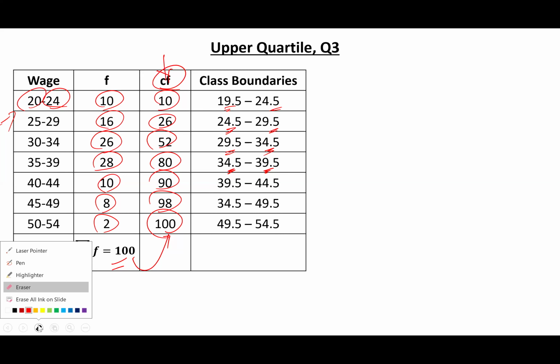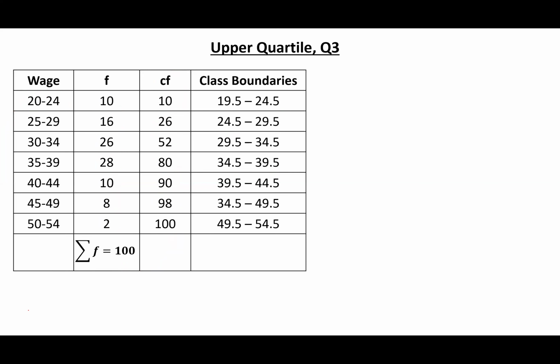Okay, so with this information, we need the cumulative frequency for 3n over 4. That's 3 times 100 over 4, which is about how much? Anybody in the chat? That's about 75.